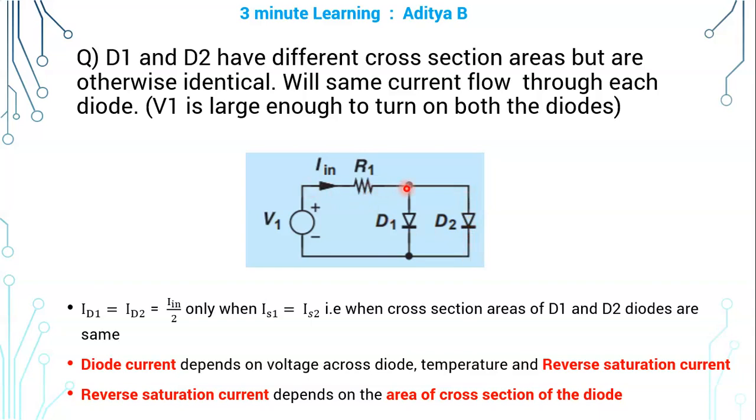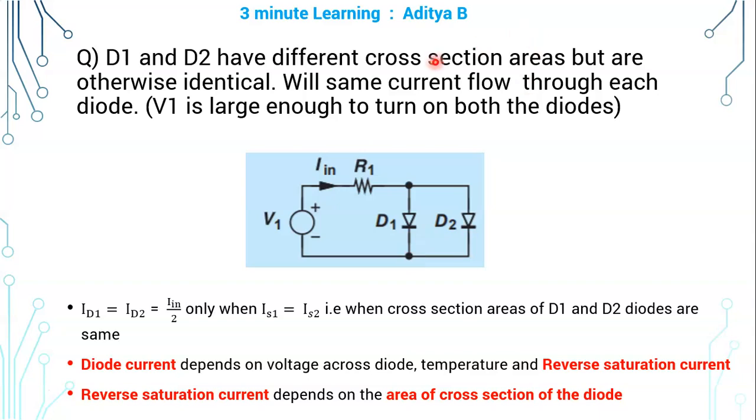That is, IN by 2 will flow through D1 and IN by 2 will flow through D2 only when IS1 is equal to IS2. That is, only when the cross-sectional areas of diodes D1 and D2 are same, because the current flowing through the diode is a function of reverse saturation current IS, and reverse saturation current IS is a function of area of cross-section of the diode.